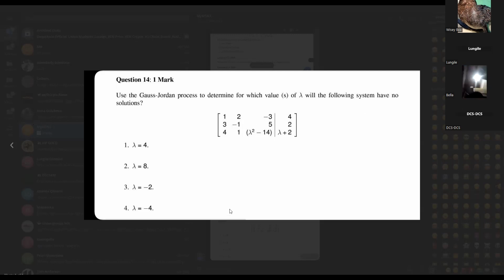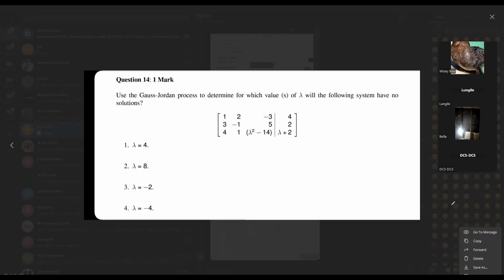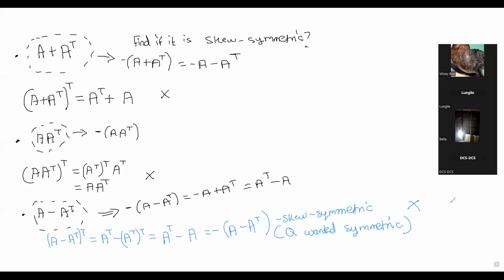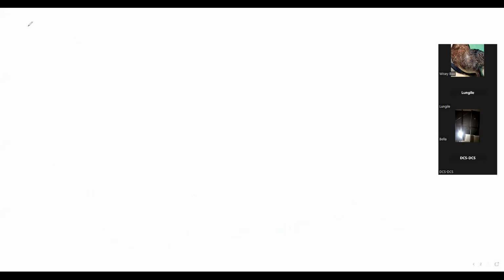So let me just copy it down here. I have it on my phone. Let's go back to the whiteboard. So we have this matrix. It's 1, 2, -3, 4, and then, okay, let me make it a little bit bigger.